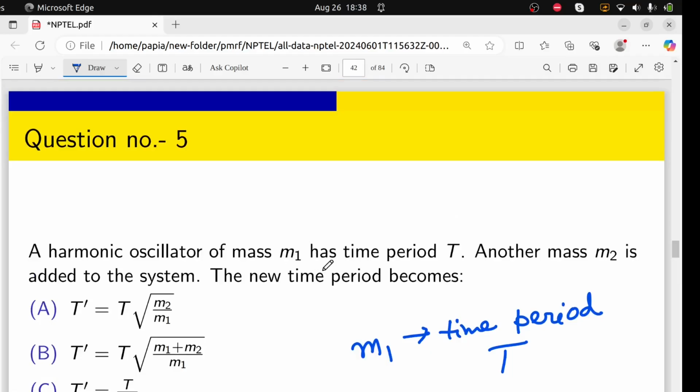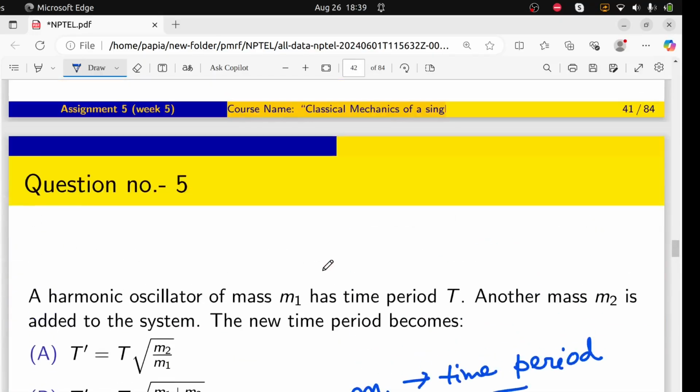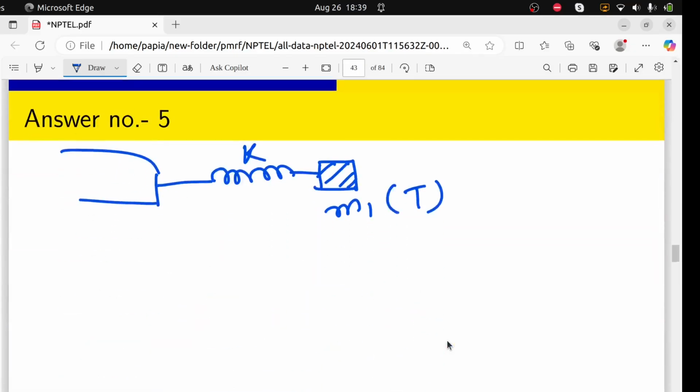Oscillator of mass m1 has time period T. If it is m1, then time period is T. After mass m2 is added to the system, the new time period becomes what?